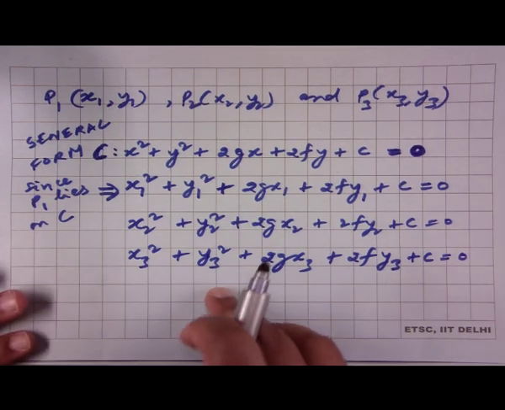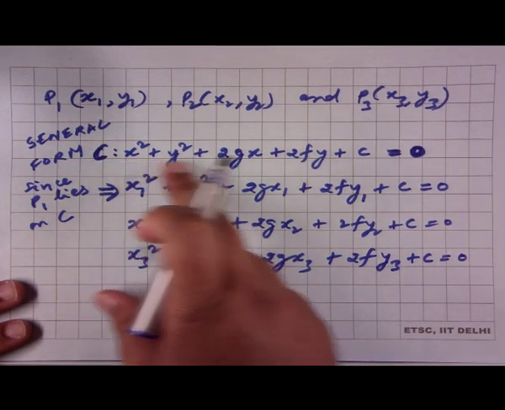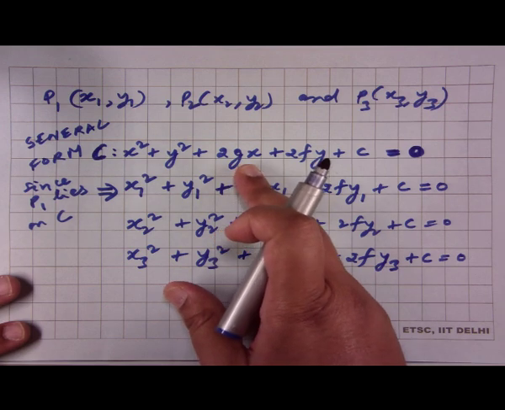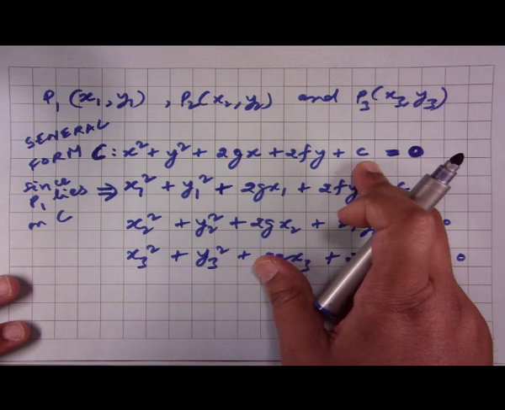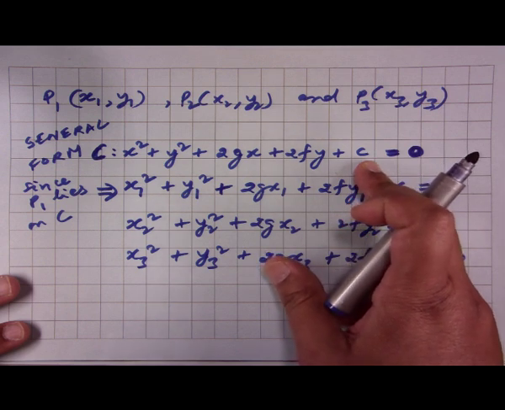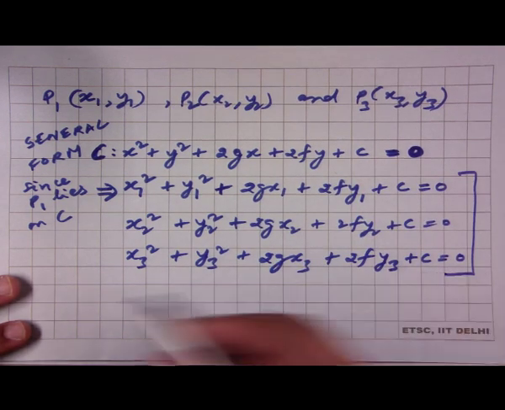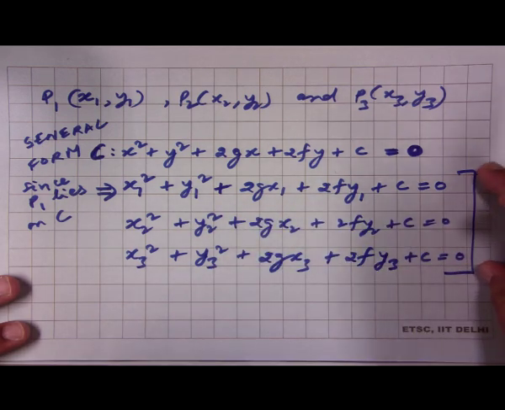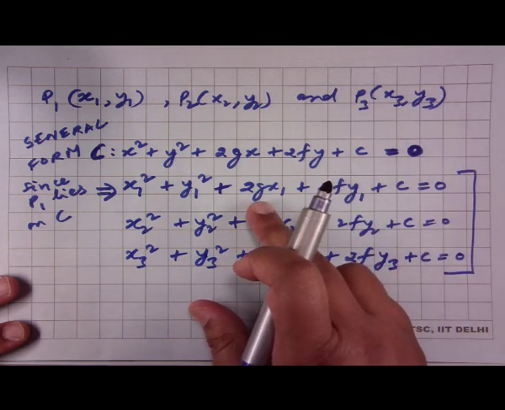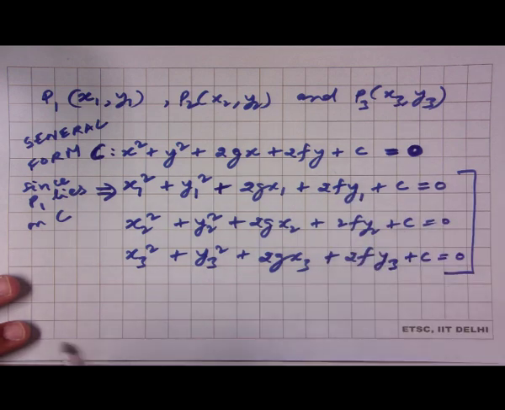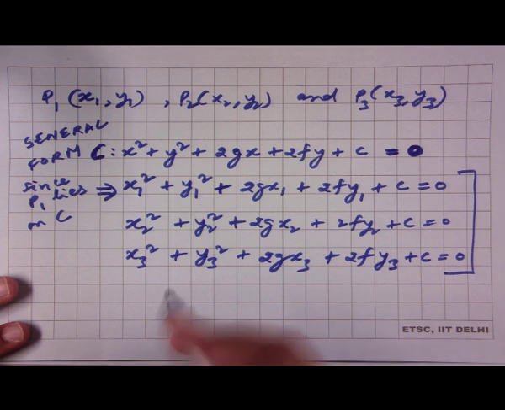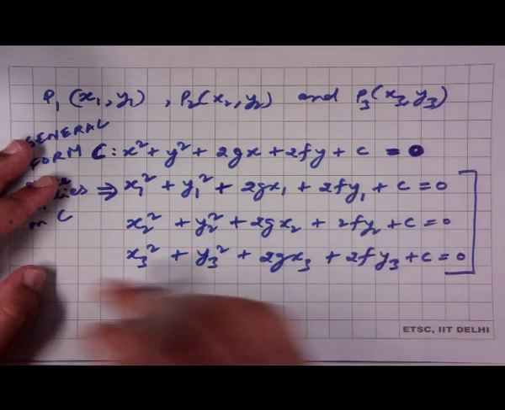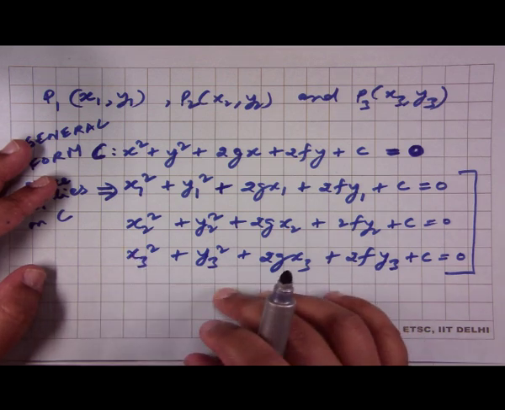Now, to completely describe this circle, we have 3 unknowns, and they are G, F and C. And we have 3 equations, all of them linear in G, F and C. Hence, here we have a linear system of equations in 3 unknowns, 3 equations, and therefore, we should be able to solve it.